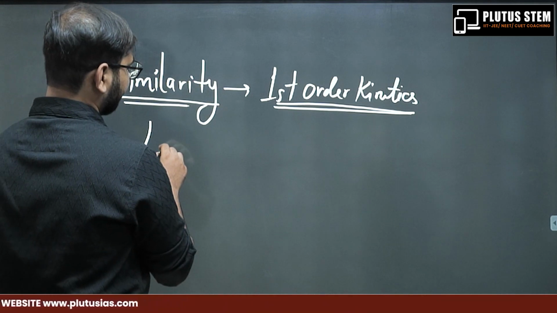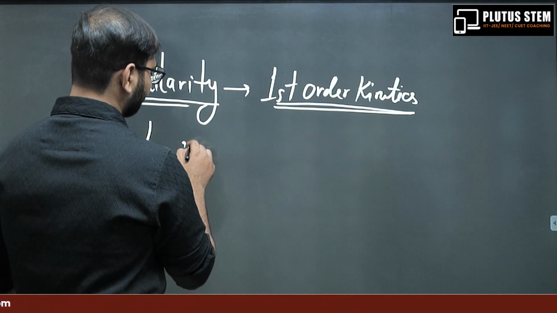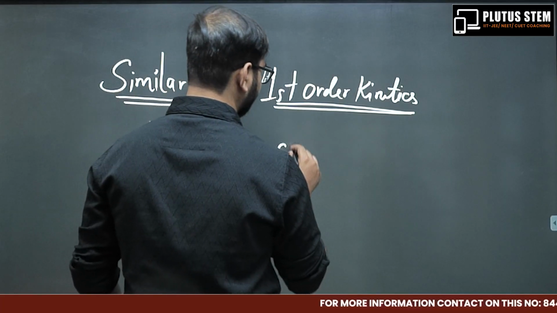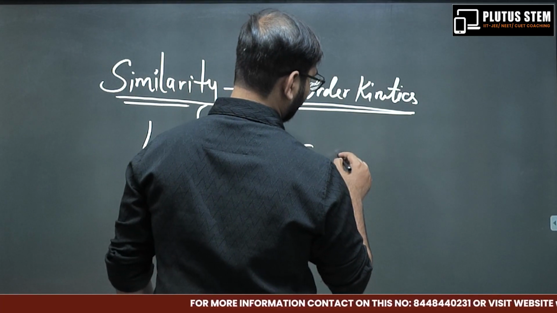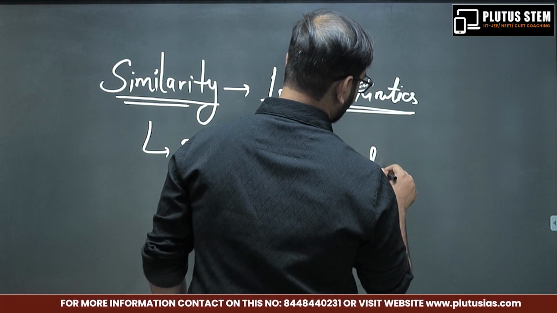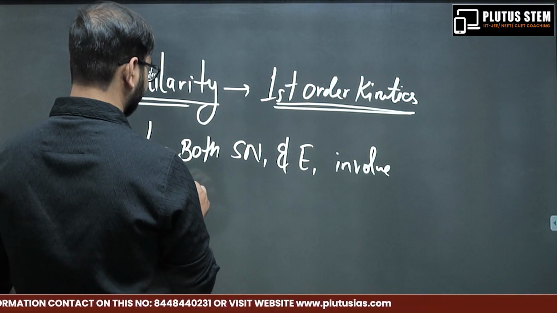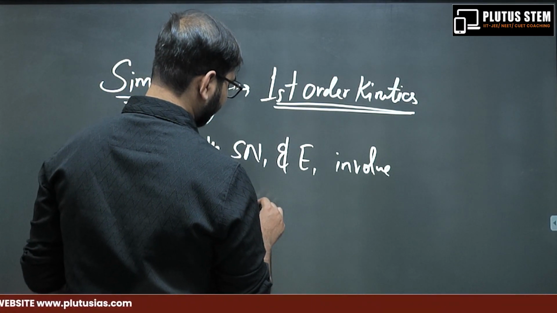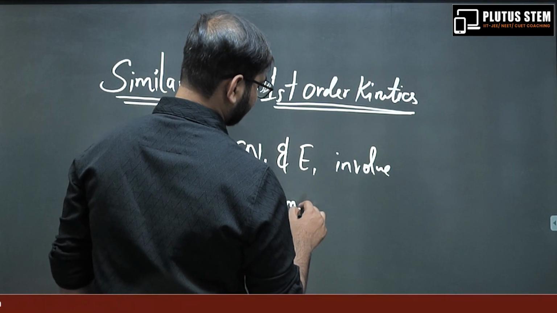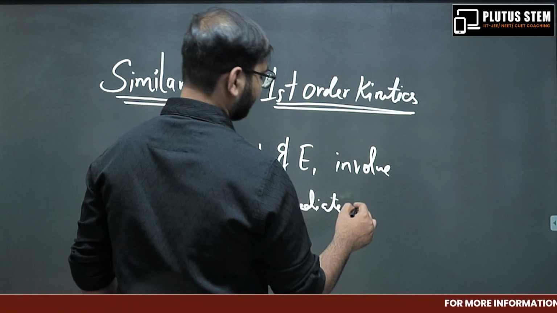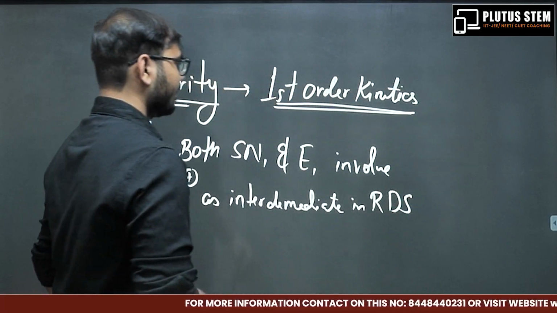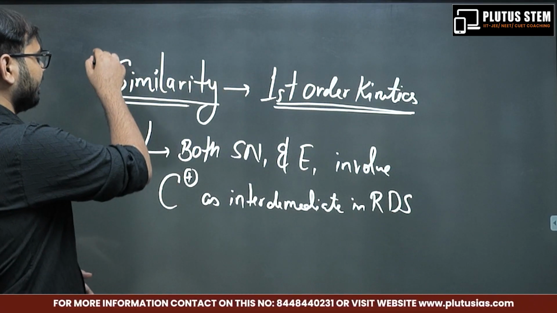The second similarity is that both SN1 and E1 involve a carbocation as an intermediate in the rate determining step, RDS. So that's why they are very closely associated.